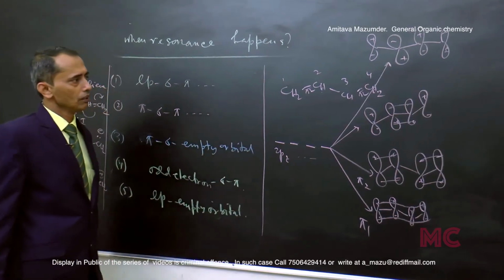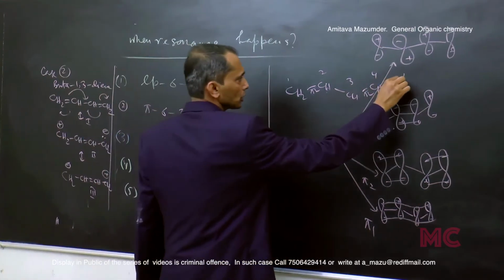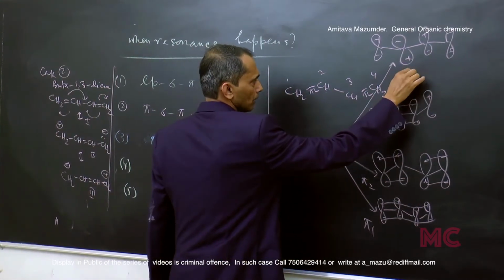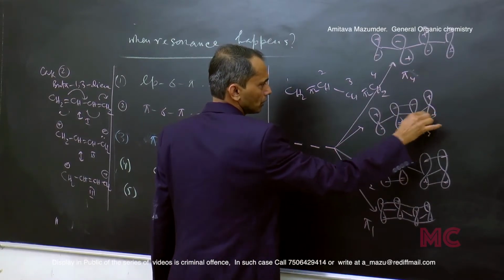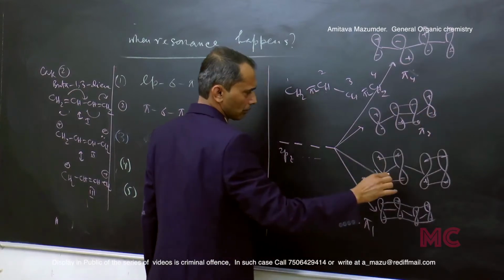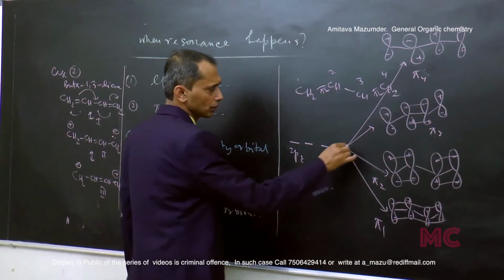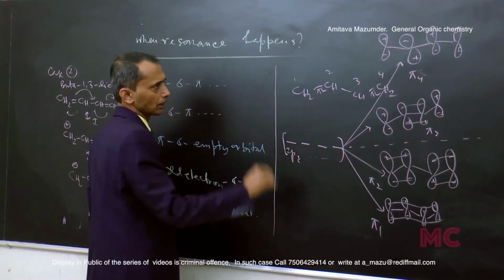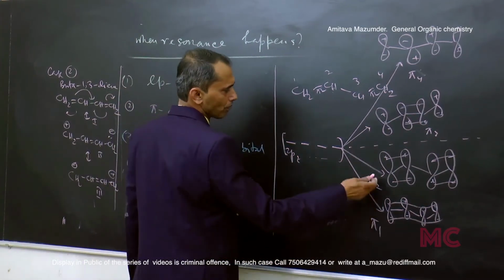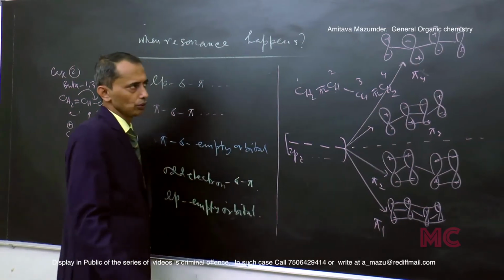Obviously this is the most unstable anti-bonding MO. This is pi star, let's say pi 4, which is anti-bonding, then pi 3 over here, and then pi 2 and pi 1. Obviously there is a central line, the mean energy line. So all the p orbitals are making pi 1, and therefore pi 1, pi 2, pi 3, pi 4, this kind of situation will happen.